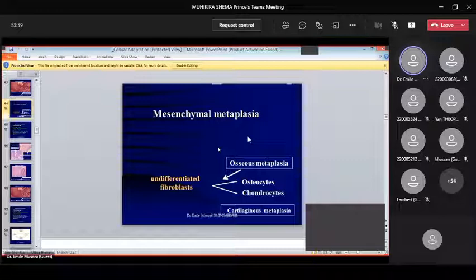This is caused by modification of the genetic material of that cell. But it is rare. The most common is epithelial metaplasia. When there are fibers, then it becomes bone or cartilage. Clear? Yes. Okay.